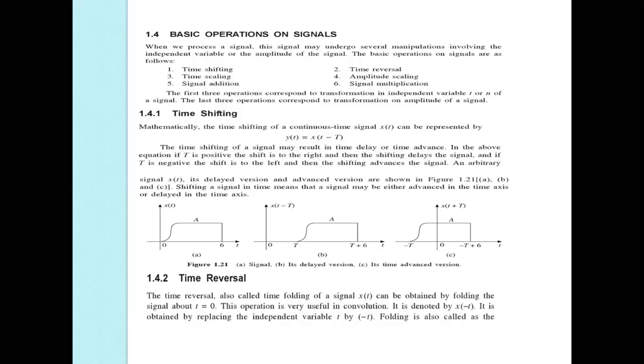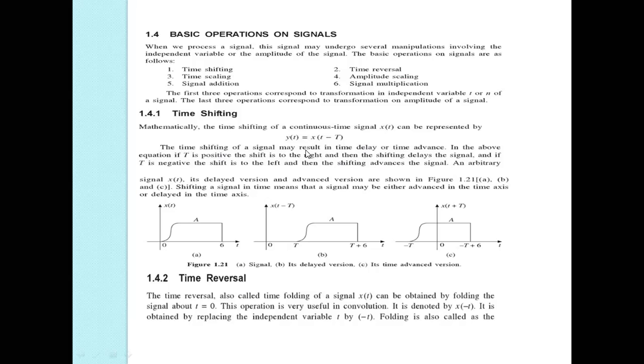In the above equation, y of t is equal to x of t minus T. If capital T is positive, the shift is to the right, and then the shifting delays the signal. When T is positive, x of t minus T takes positive values 1, 2, 3 and so on.